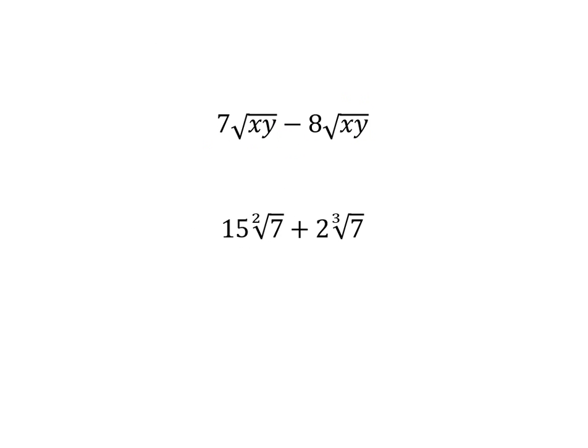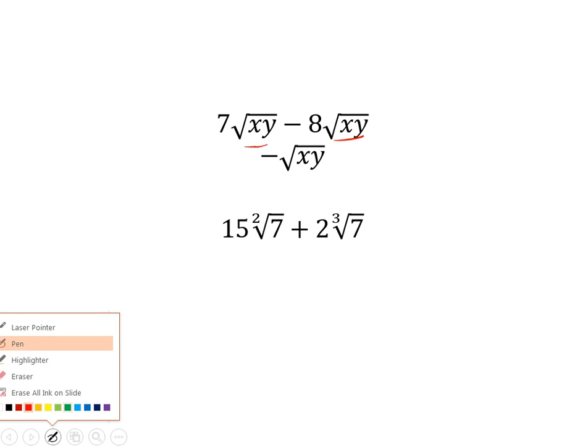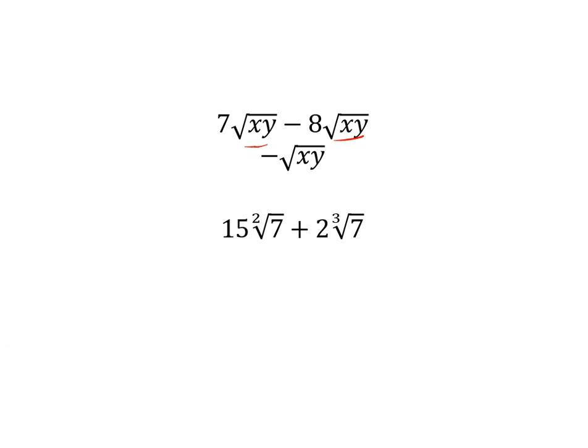Okay, so now let's look at this one. The first one, can we combine these? It's square root xy, square root xy, exactly the same, so we can add them together, and it would be negative 1 square root xy. Now let's look at the second one: 15 square root 7 plus 2 cube root 7.